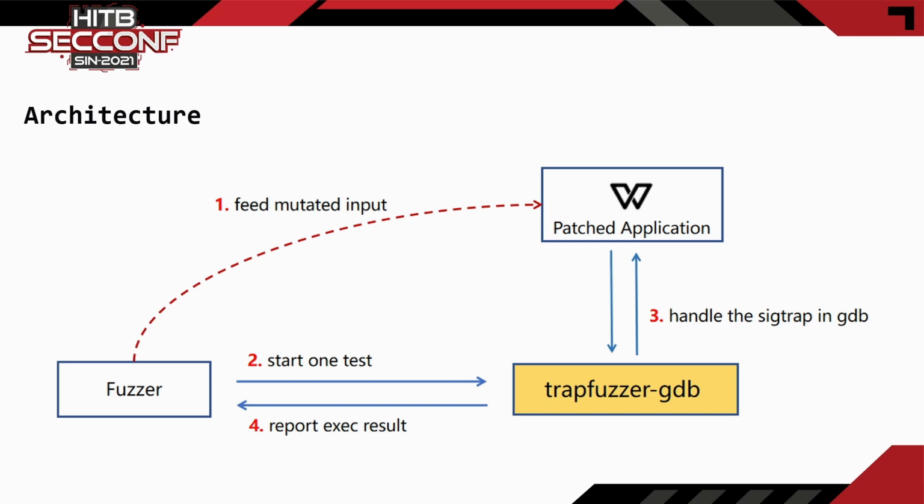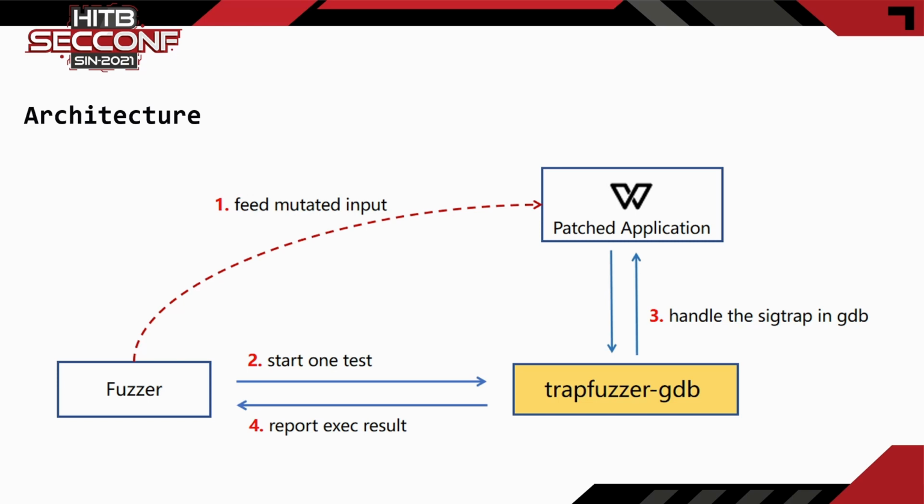Let's take a look at the interaction diagram between the tracer and the fuzzer. The main difference is that all SIGTRAP events are processed in GDB, and GDB will only be started once during the entire fuzzing process. The subsequent task control and tracer information interaction are all done through sockets.